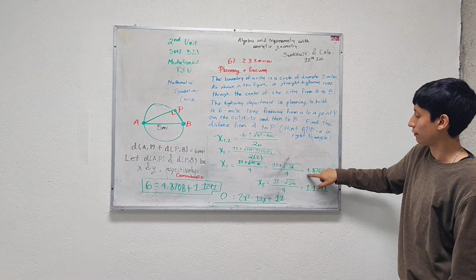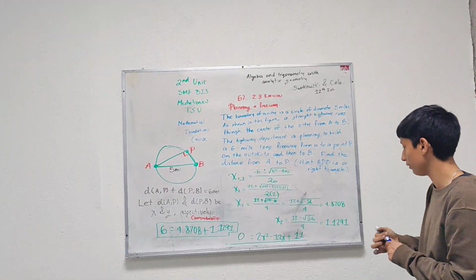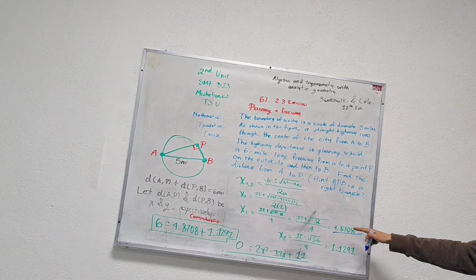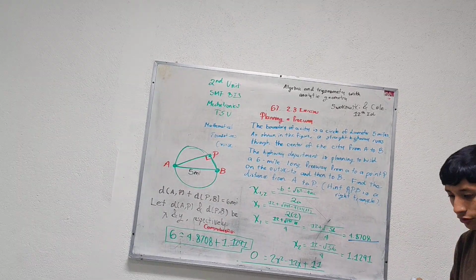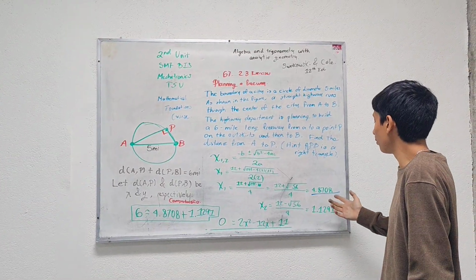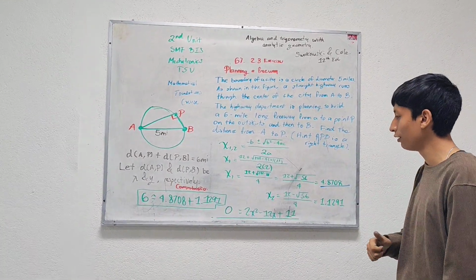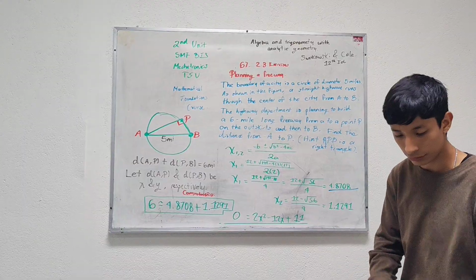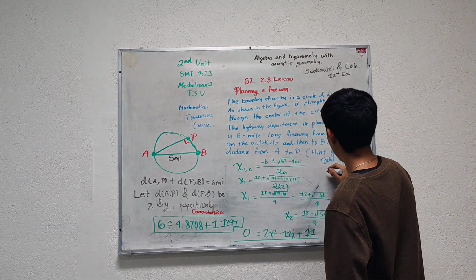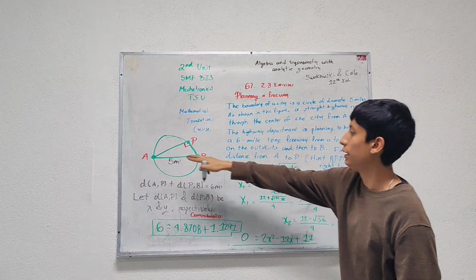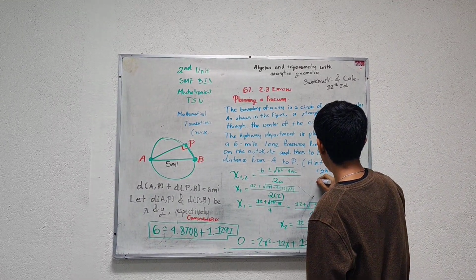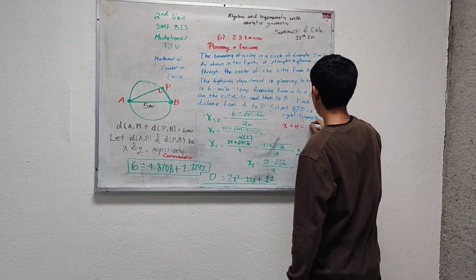So the distance is supposed to be this 4.8708. How do we know that this is true? Well, we must remember that the whole distance from A to B was going to be equal to x plus y.